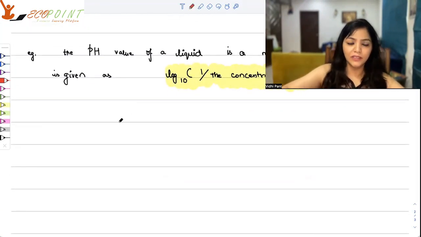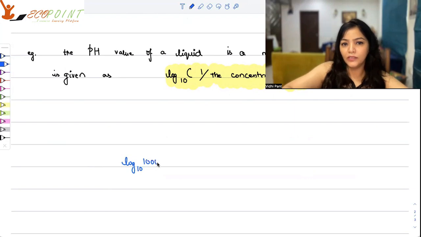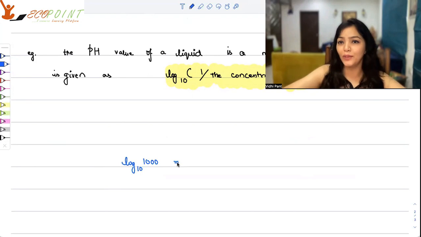Now, let me give you certain examples of how base 10 logarithms would look. Suppose we have log base 10 of 1000. What does it mean? It means, what is the power of 10 in order for me to get 1000? The power of 10 should be 3.